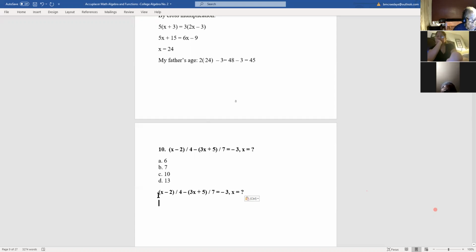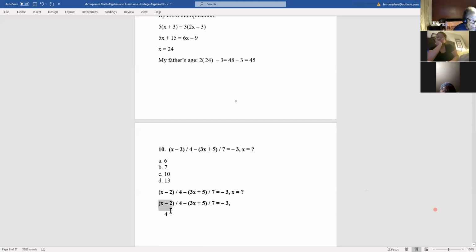Let's see if we can do this with the underline, I think it might be easier. x minus 2, and this is divided by 4. Let's put the 4 here. Instead of the slash, I'm putting the underline.